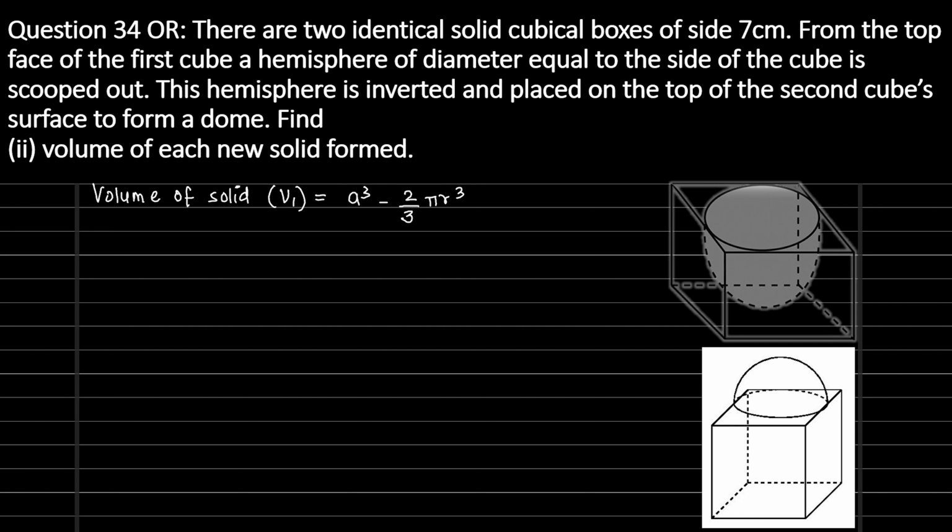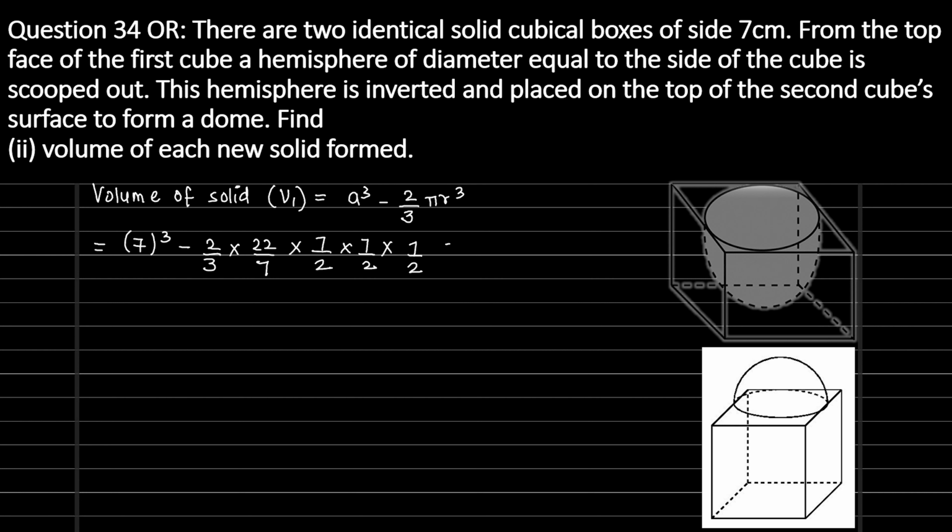Now, substituting the values, a is 7, the side of the cube is 7. So 7 cube minus 2 upon 3 into pi, that is 22 by 7, into r cube, that is 7 by 2 into 7 by 2 into 7 by 2.